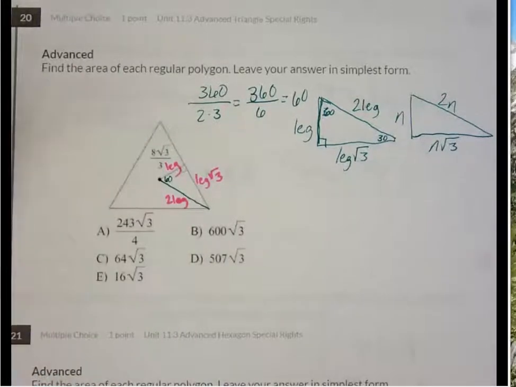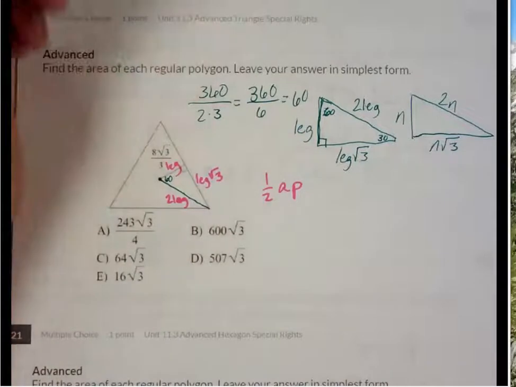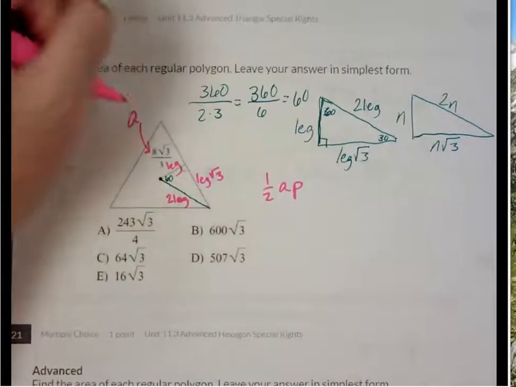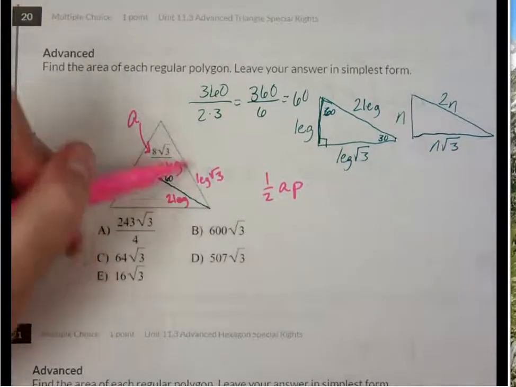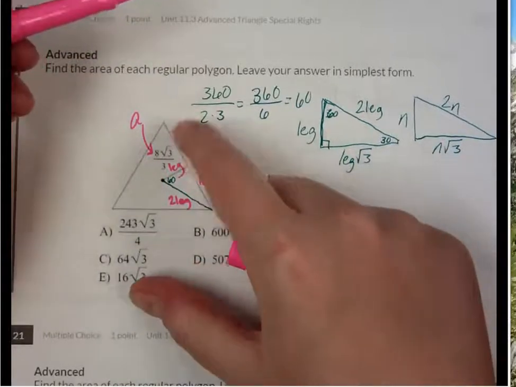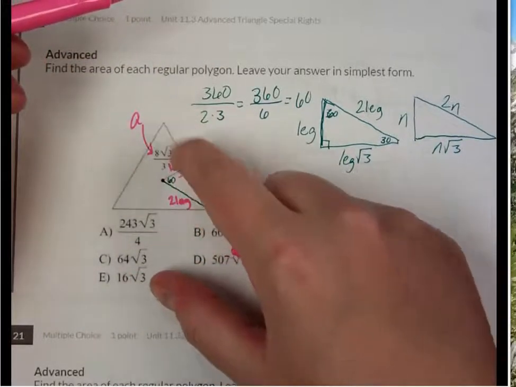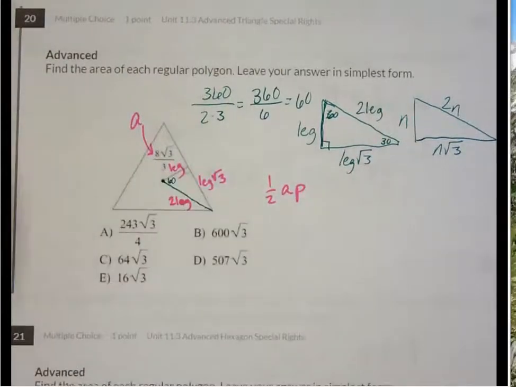But what we need to realize is we're trying to find the area of this. So we need 1/2 AP. We already have A. This is my apothem. So all we're trying to do is determine the perimeter. So we just need the long leg so that we can figure out the perimeter. Once you have that long leg, you multiply it by 6 because it's only half the length of one of the sides, and there's 3 sides, and you'll have the perimeter.